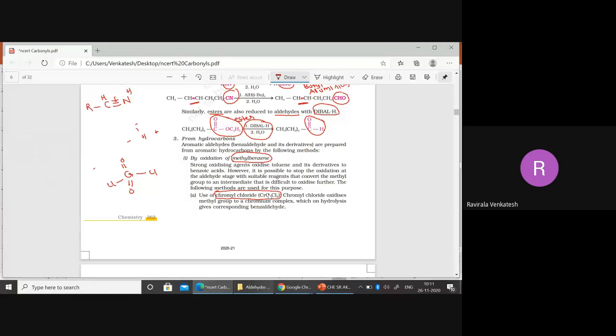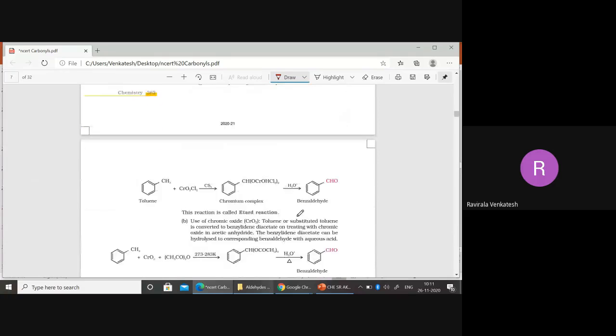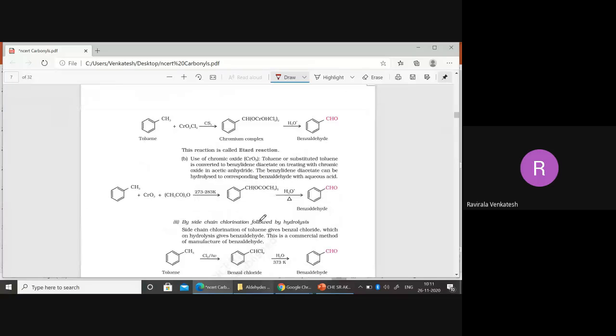Now, it will convert the methyl group into what? Aldehyde group like this. Let me see this in the reaction. This is toluene. Everyone knows, no? Methyl benzene, also called toluene. Names are very, very important. Now, take chromyl chloride, CrO2Cl2. Now, directly you can write the product here. 2 options will be there.